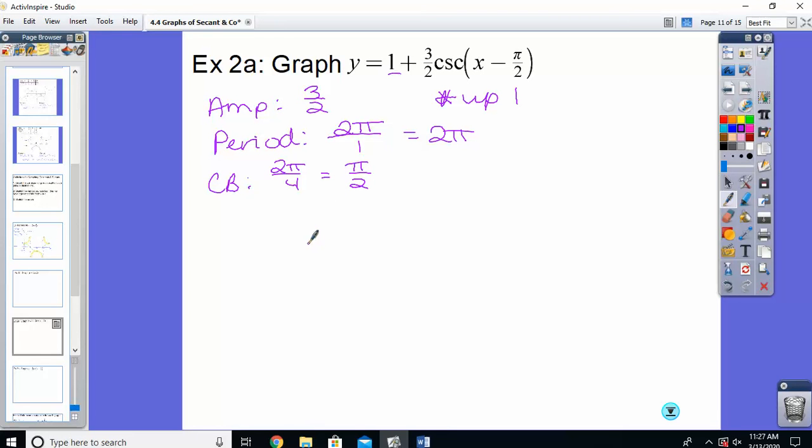What else do I need? So you set it between 0 and 2 pi, add your pi over 2 to everything, so pi over 2 is less than or equal to x, is less than or equal to 5 pi over 2.